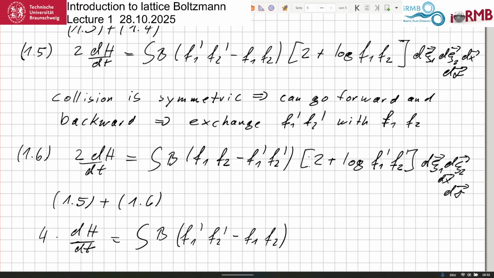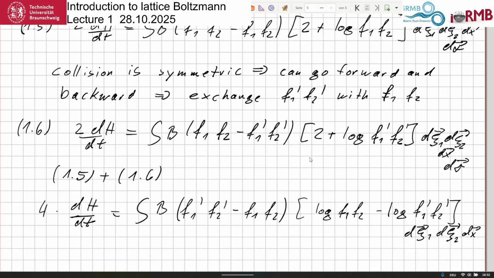So the 2 will drop out, and we'll also have a change: up here the logarithm of f1 f2, and down here, because we changed the sign, the logarithm of f1' f2', and then dξ1, dξ2, dx, and overall dσ. And this is smaller or equal to 0.